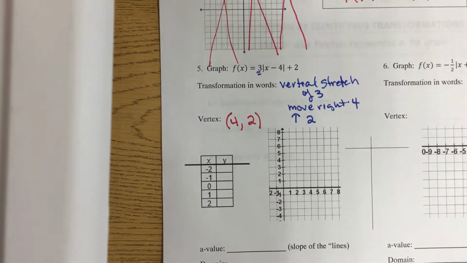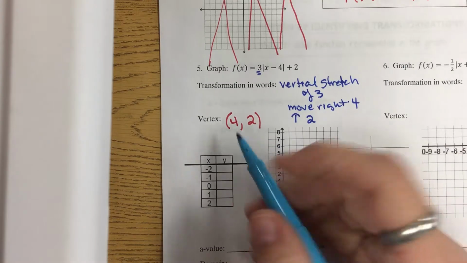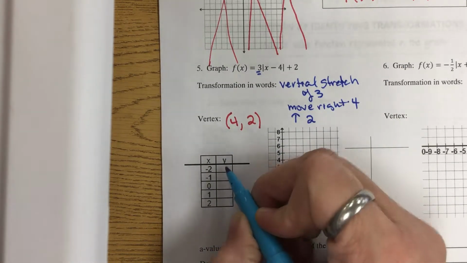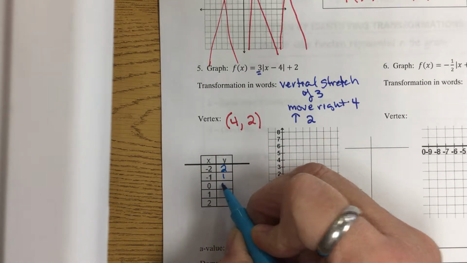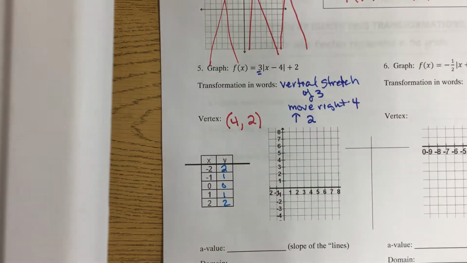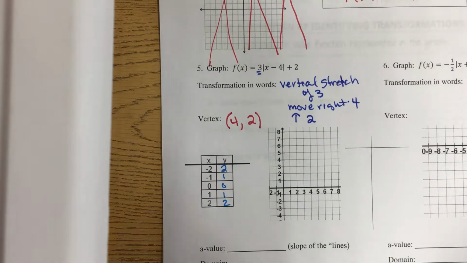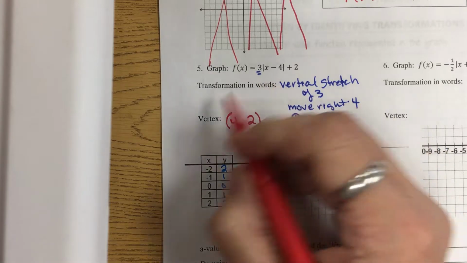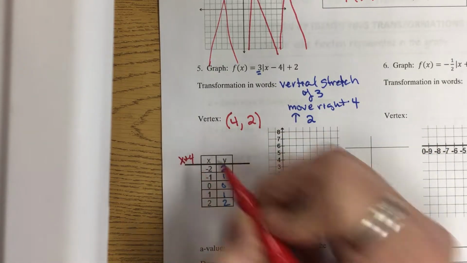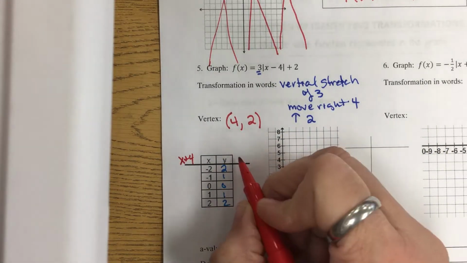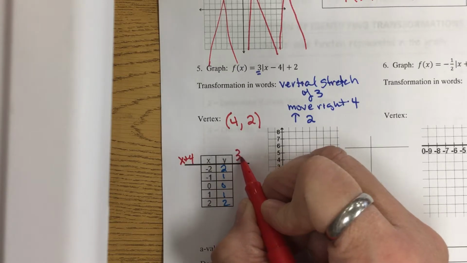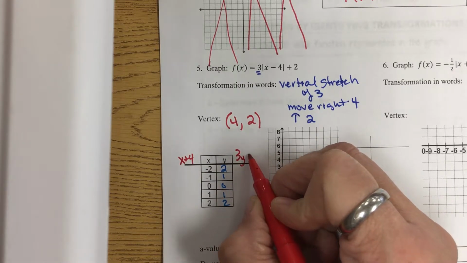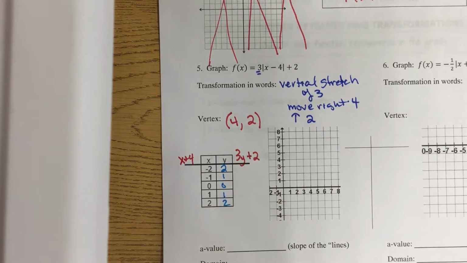Then we do this down here. This is going to be 2, 1, 0, 1, 2. So we do what it says. We're going to add 4 to the x value, and we're going to multiply the y value by 3, and we're going to add 2.